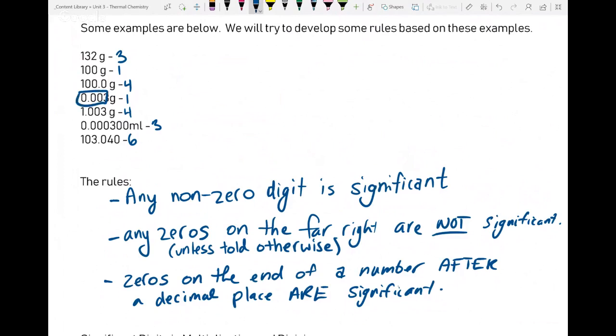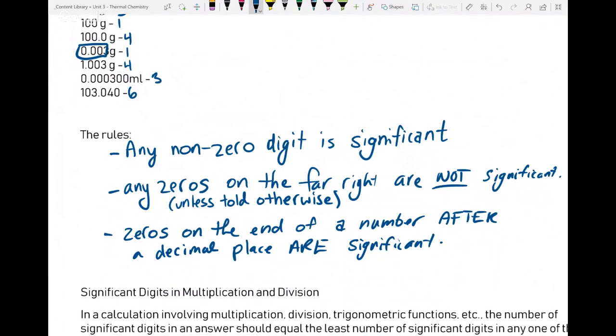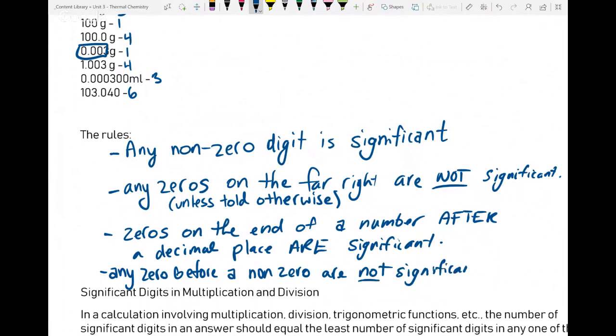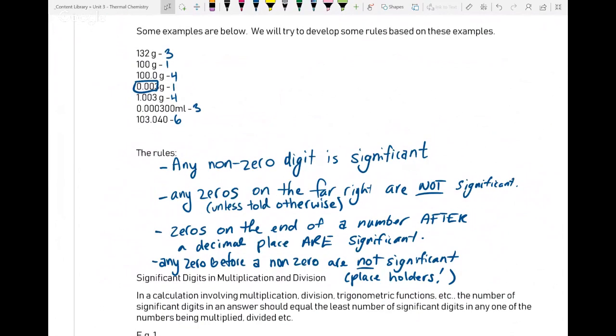Next, zeros before a non-zero are not significant. They're just placeholders. And those 4 rules actually get you everywhere.